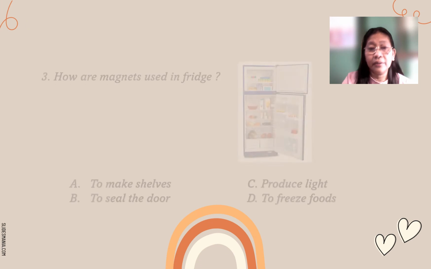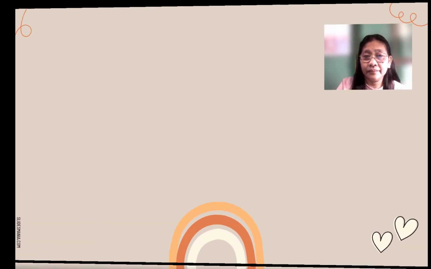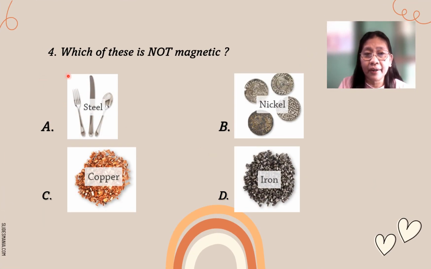Question number 3: how are magnets used in a fridge? A, to make shelves. B, to seal the door. C, to produce light. And D, to freeze foods. Question number 4: which of these is not magnetic?